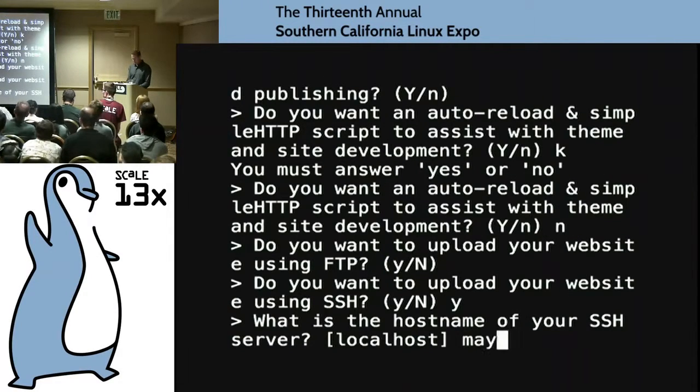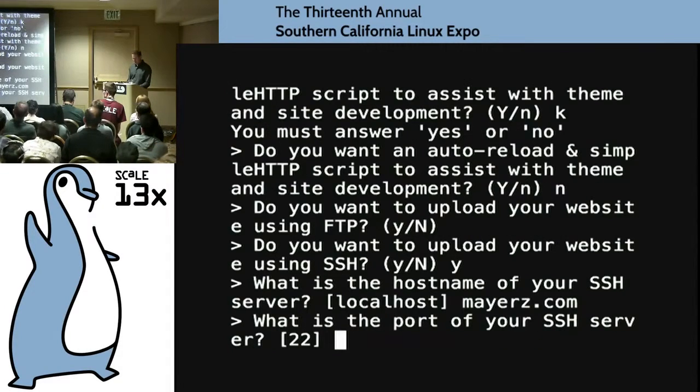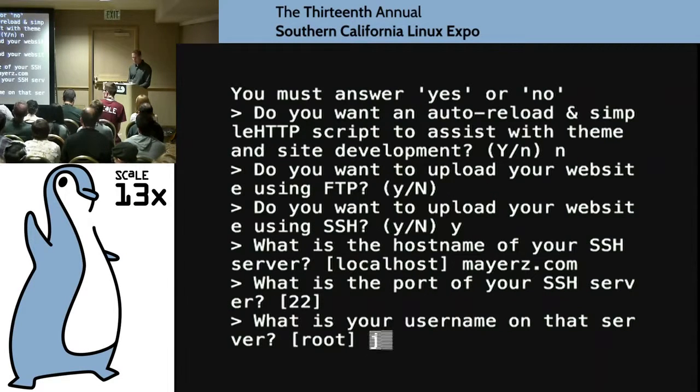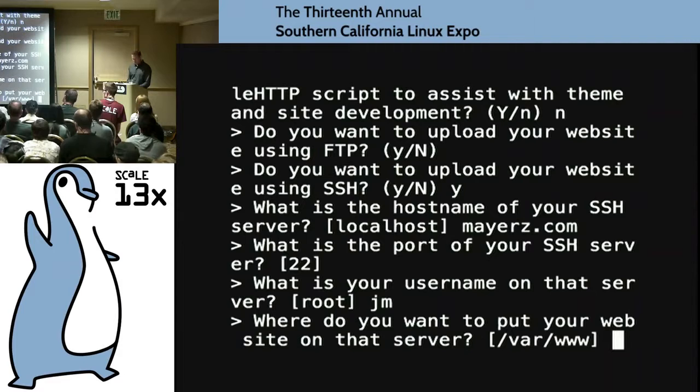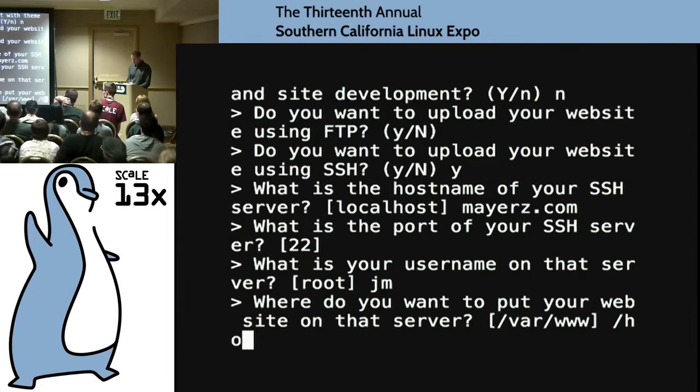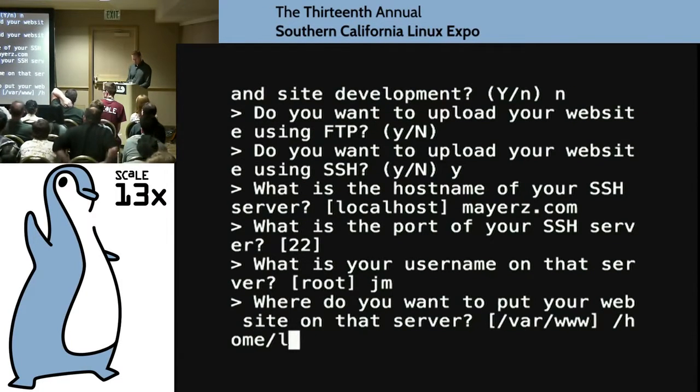It's going to ask me where my host is. I'm going to tell it the domain of the VPS where I'm going to be hosting this. It's on port 22. My username is JM, and we're going to put that in home JM web mayors.